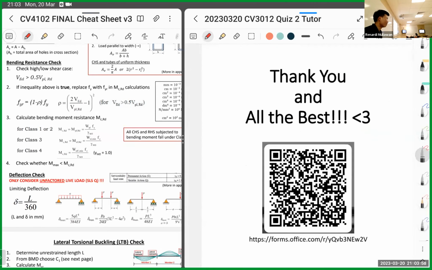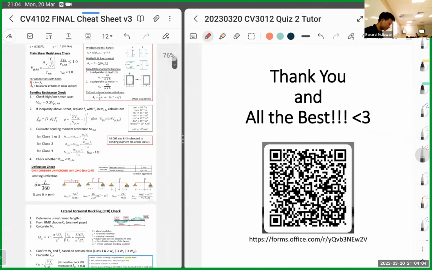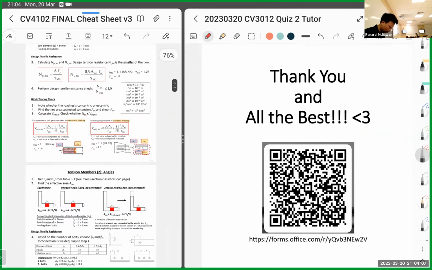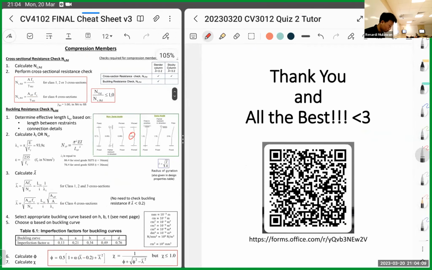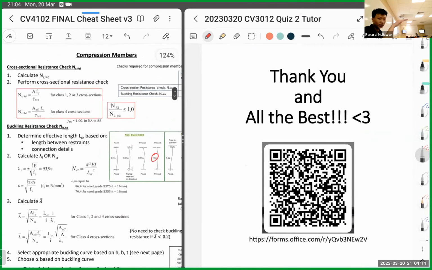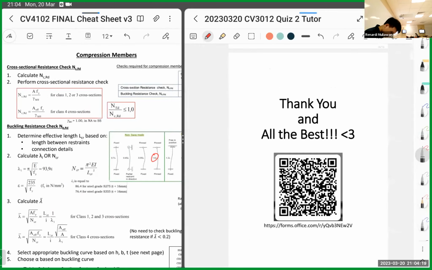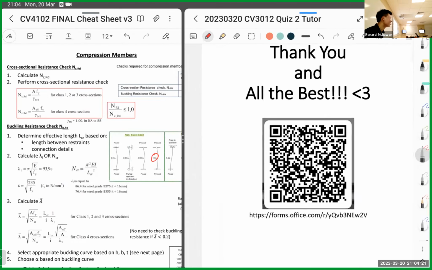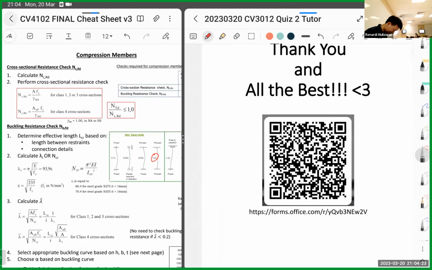If you have any questions, including the one from the tutorial, the tutorial ones follow the flow more because they give you the loading and you just need to check. This one is the question a bit reverse. Any questions?